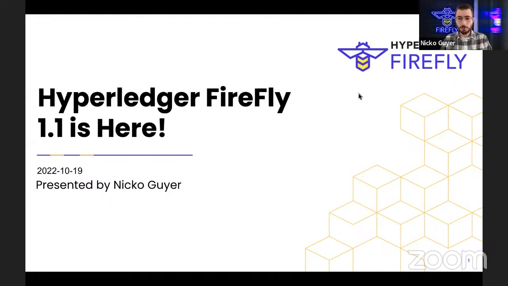Like I said, hopefully you're familiar with Hyperledger FireFly, at least to some degree. If you're not familiar with it, we describe FireFly as a Web3 supernode for building enterprise blockchain applications. So what does that mean? It is a platform. So FireFly itself is not a blockchain. It is a platform that allows developers to build apps that are powered by blockchain.